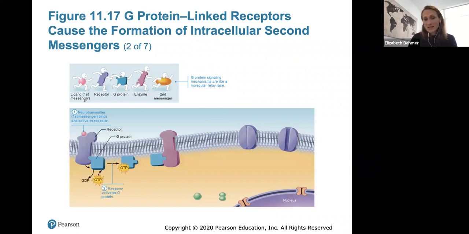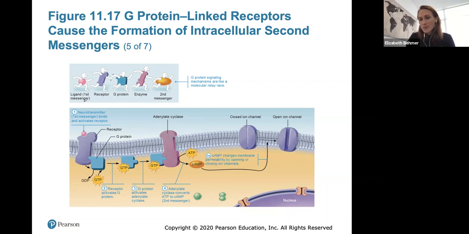The receptor activates the G protein. The G protein activates what we call adenylate cyclase. And then adenylate cyclase converts ATP to cyclic AMP, which is cAMP. And then cAMP will then change the membrane permeability by opening or closing other channels, or activating other enzymes, or activating other specific genes. So this is a G protein linked receptor.